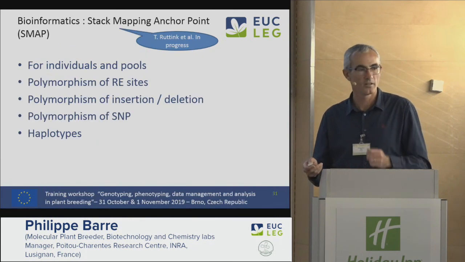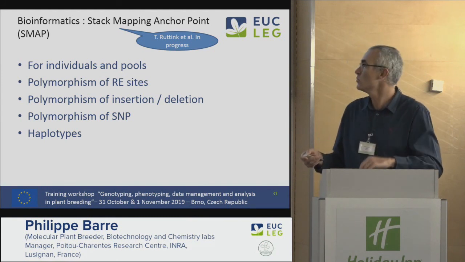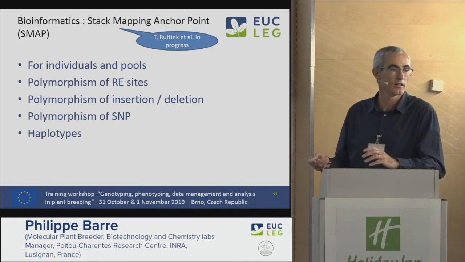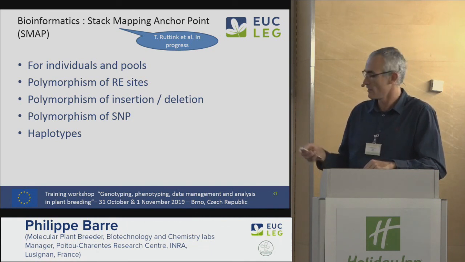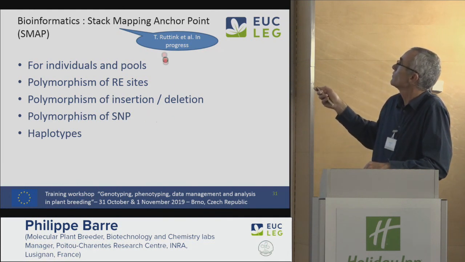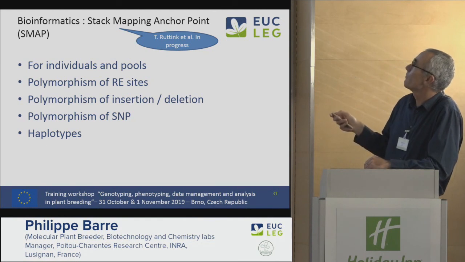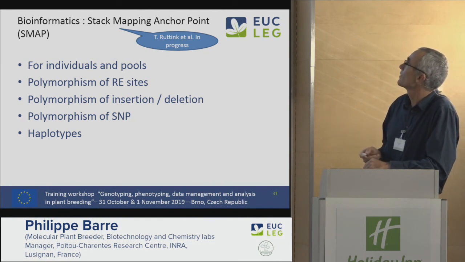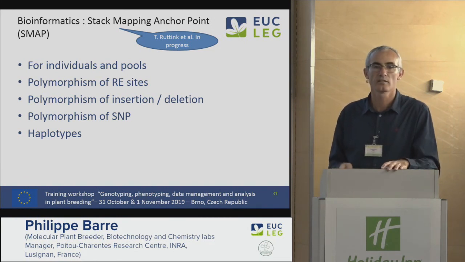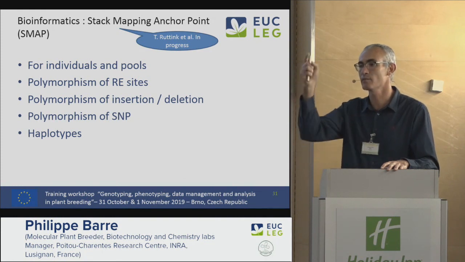So, a new software is in progress right now and will be proposed soon. It's from Tom, who is right there. It's SMAP, for stack mapping anchor point. And the idea here is, as I explained to you, we will focus only on SNPs.